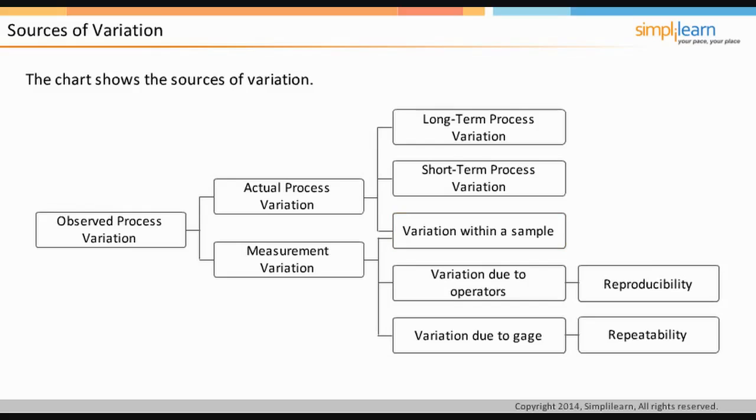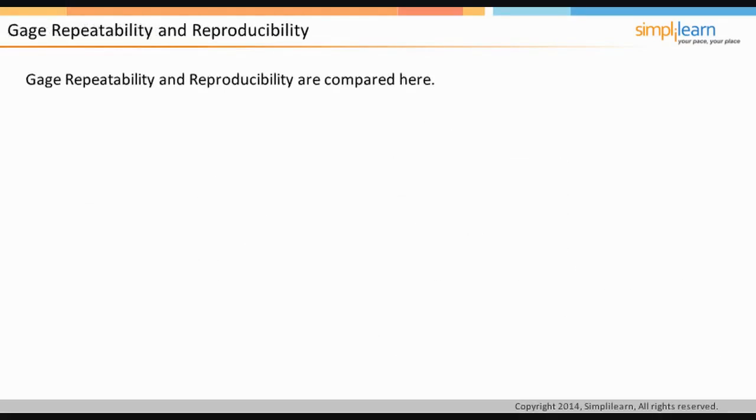Let us understand gauge repeatability and reproducibility, or GRR, in the next screen. Gauge repeatability and reproducibility, or GRR, is a statistical technique to assess if a gauge or gauging system will obtain the same reading each time a particular characteristic or parameter is measured.